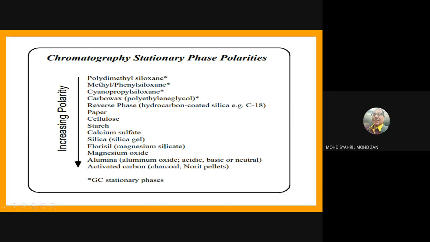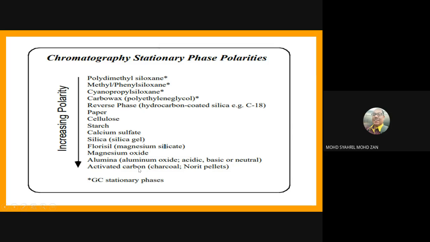So we have polydimethyl cellulose, methyl phenyl cellulose, cyanopropyl, carbowax, polyethylene glycol, reverse phase or hydrocarbon coated silica, for example C18, paper, cellulose, starch, calcium sulfate, silica, chlorophyll or magnesium silicate, magnesium oxide, alumina, mostly using aluminum oxide, where acidic, basic, and neutral can be detected here.